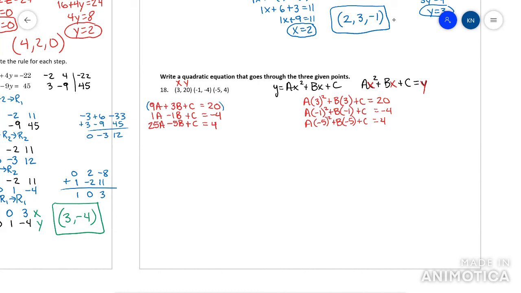So I'm going to scale this top equation by a -1. This is my new equation that I'm going to be using. So here's my equation 1, here's my equation 2, here's my equation 3. To eliminate C the first time, I'm going to do equation 1 plus equation 2. So that's going to look like this.